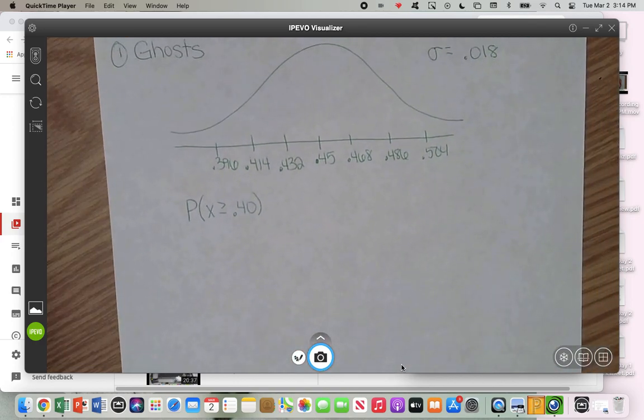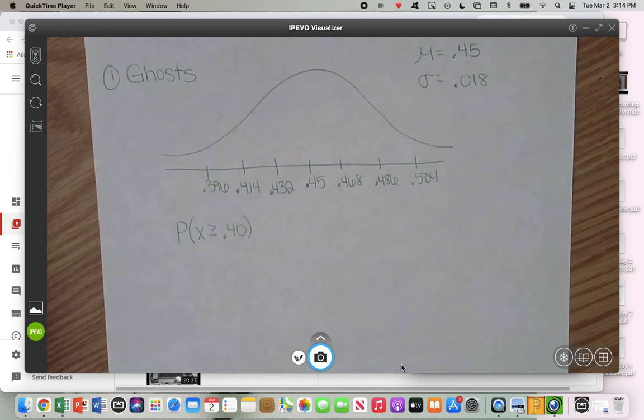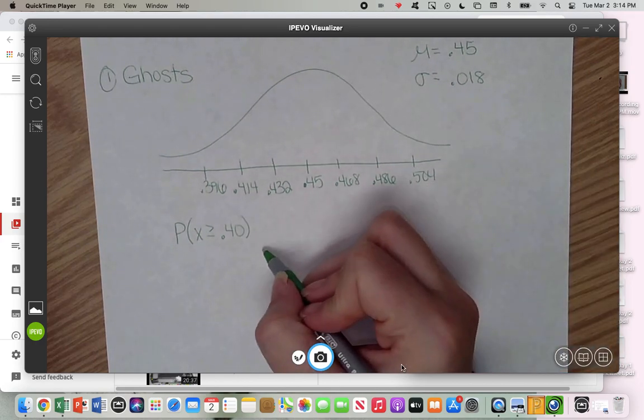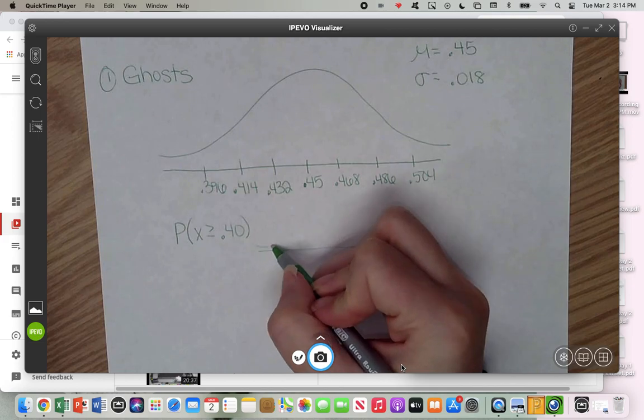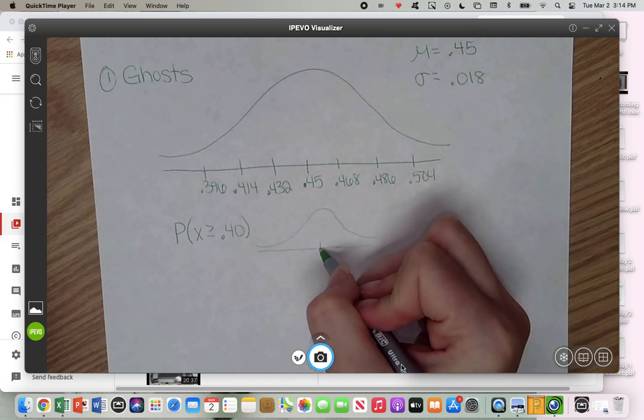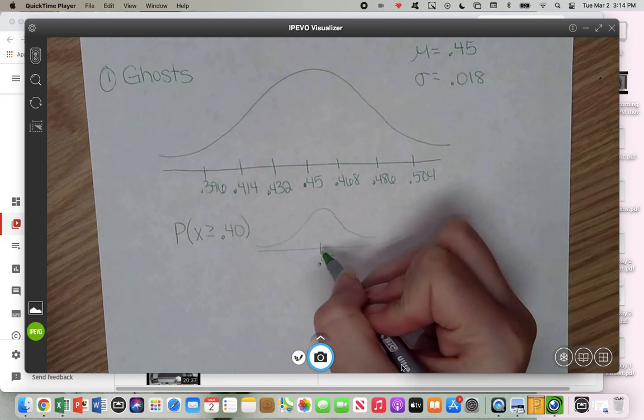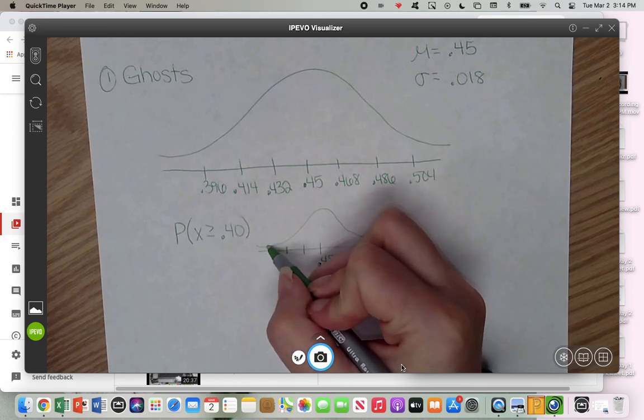So what this means is that on this, we want to know what is the probability that more than 40% of people believe in ghosts. So it doesn't have to be exactly 40%. We're talking about 40 and above. So if you are looking at that chart, I'm just doing just a little basic example. I'm actually going to cheat here a little bit.